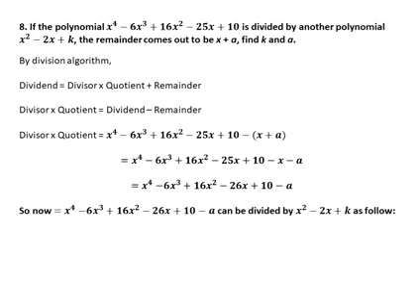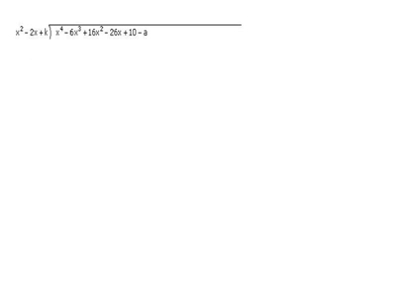Now this polynomial is exactly divisible by x square minus 2x plus k. Now we will come to the division. The dividend is x power of 4 minus 6x cube plus 16x square minus 26x plus 10 minus a, which is divisible by x square minus 2x plus k.